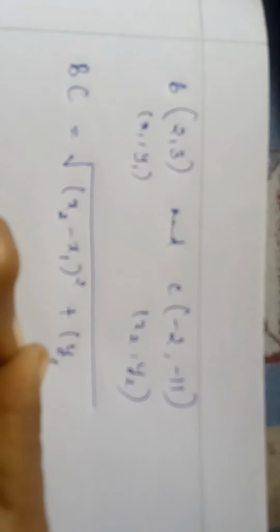Now BC: B(2, 3) and C(-2, -11). Consider this as x1, y1 and this as x2, y2. BC is equal to square root of (x2 minus x1) whole square plus (y2 minus y1) whole square.